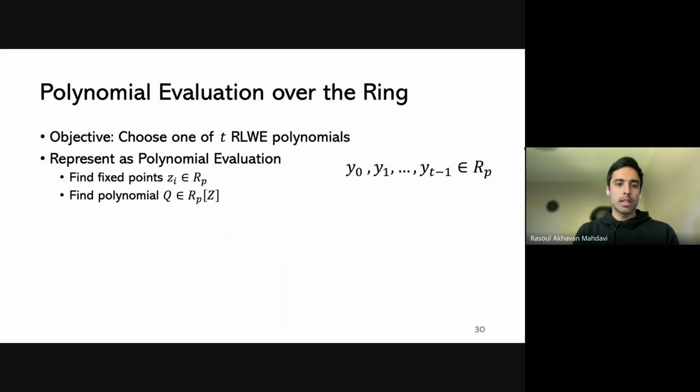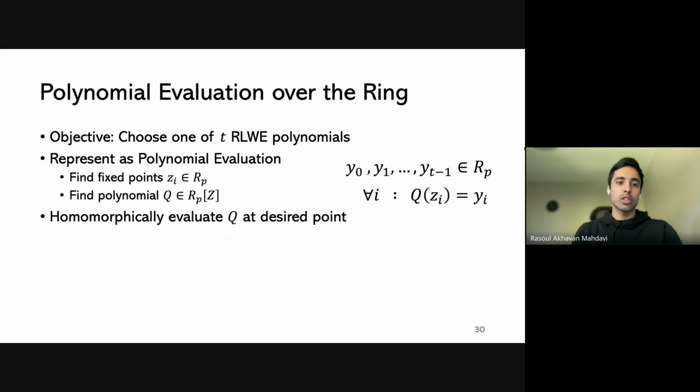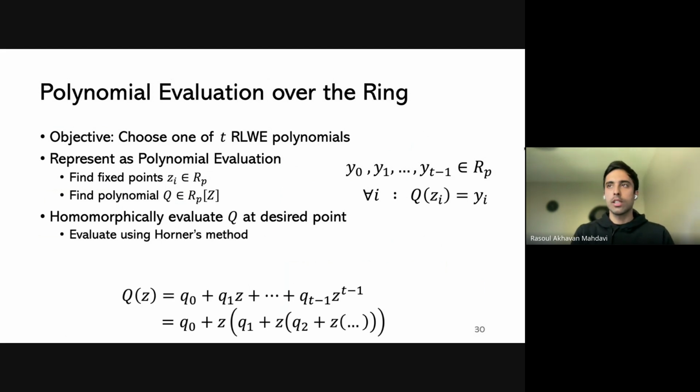Okay, so now let's assume for a second that we actually have this multivariate polynomial q that we want to evaluate. If we have it, all we need to do is homomorphically do the evaluation, and to make the evaluation efficient and bound the noise accumulated during this evaluation, we evaluate the polynomial using Horner's method.